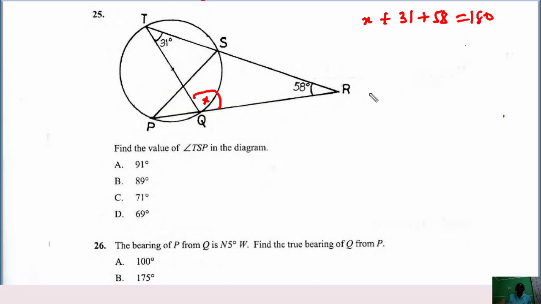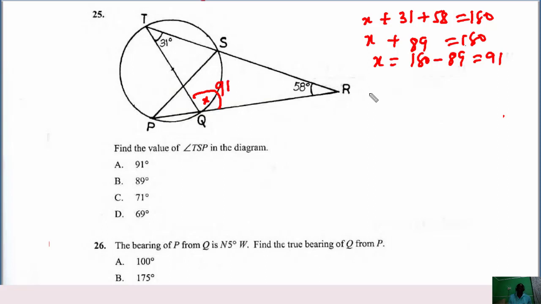We are going to get x plus 89 is equal to 180 degrees. Therefore, x will be 180 minus 89, which is 91. So here it will be 91.